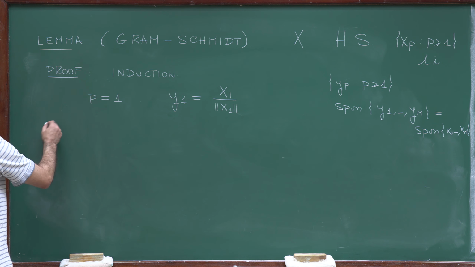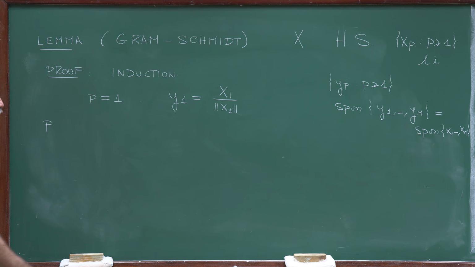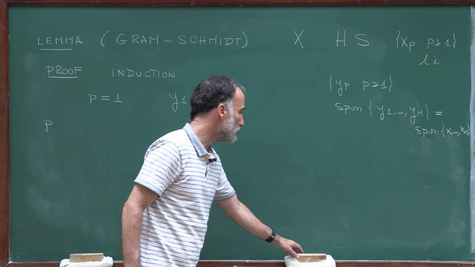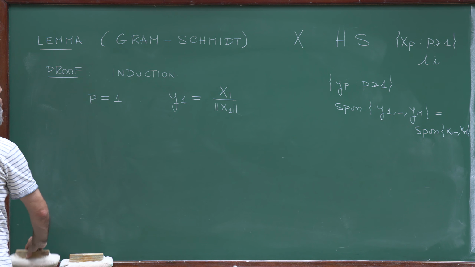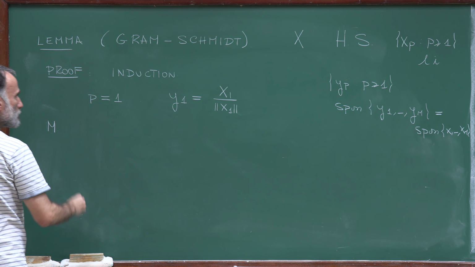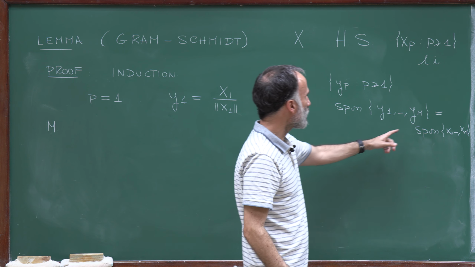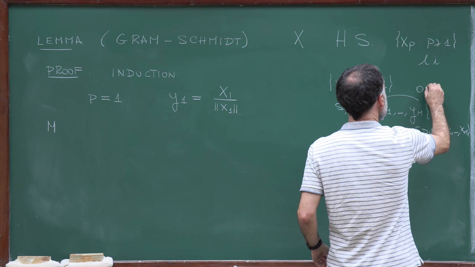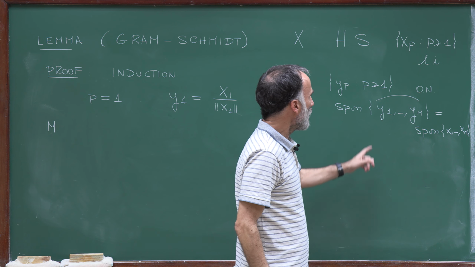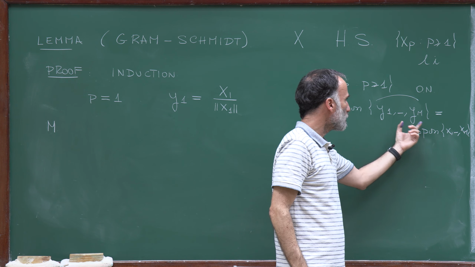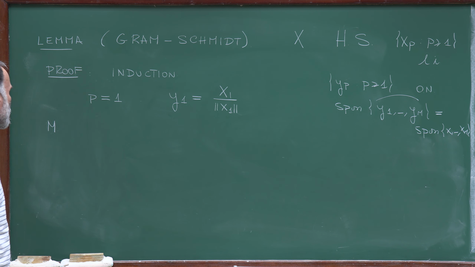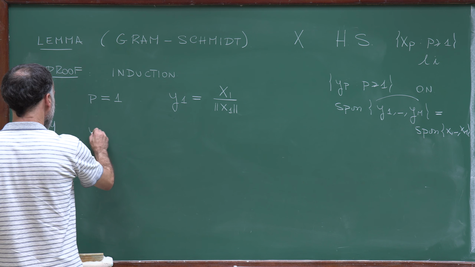And now I assume that everything is proved up to m. So I'm assuming that I already constructed y_1 up to y_m, that this family is orthonormal, and that the span of y_1 up to y_m is equal to the span of x_1 up to x_m. And now I have to construct y_{m+1}.